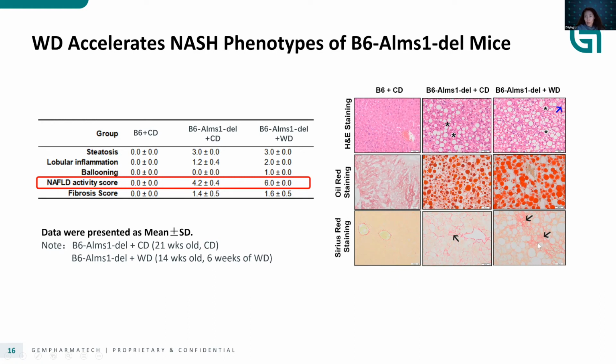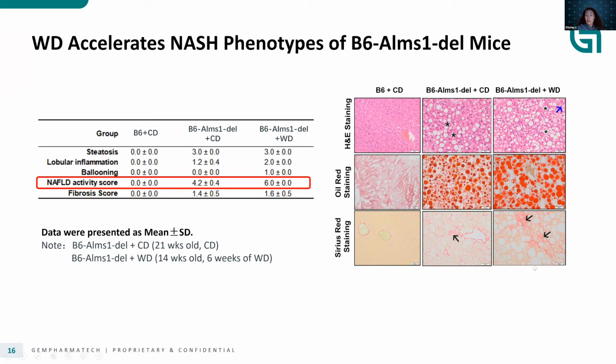This mutant animal with the Western diet is having a lot more profound fibrosis, which is a hallmark of NAFLD developing into NASH. So there's one point I want to highlight, which is the mutant animal on chow, they are 21 weeks of age. The mutant animal on the Western diet, they're only 14 weeks of age and have been fed on the Western diet for 6 weeks.